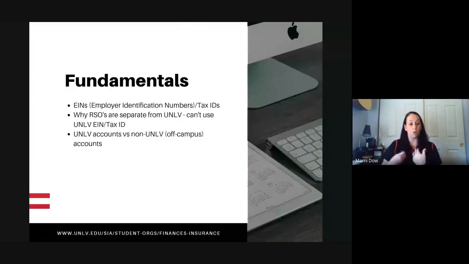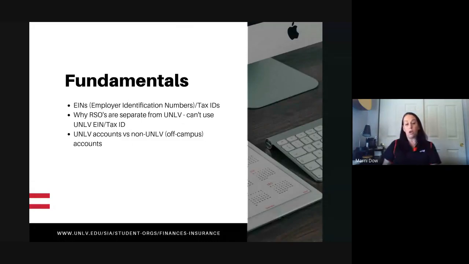I'll use one in our office, for example, Rebel Events Board. Our office fully supports that organization, and the funding for that organization comes from our department's budget. That means that all of the purchases that are made for that organization come out of a UNLV account. The number of our student organizations who have access to that is very low, so the likelihood is that that's not the case for your organization, although there are a few.